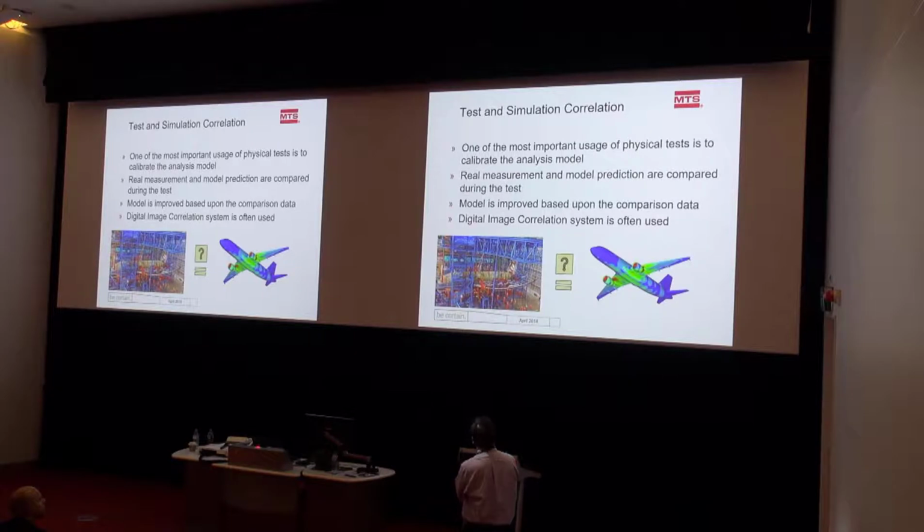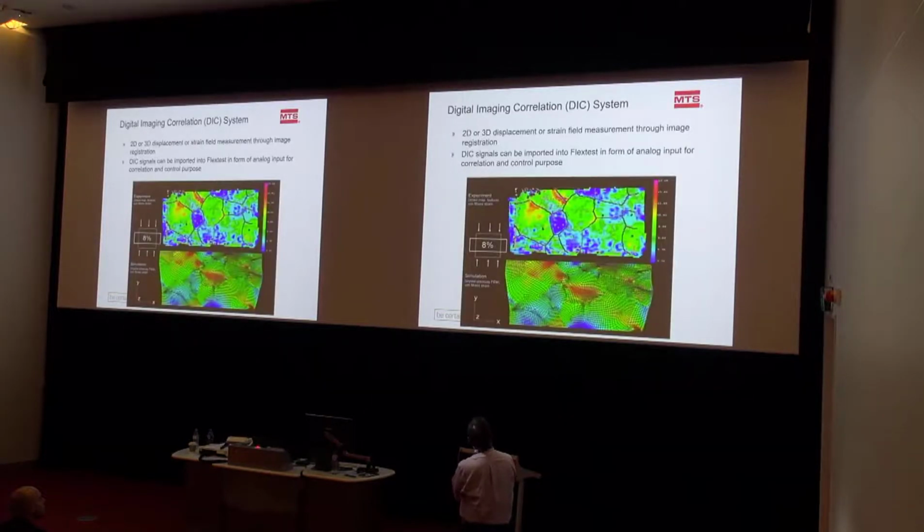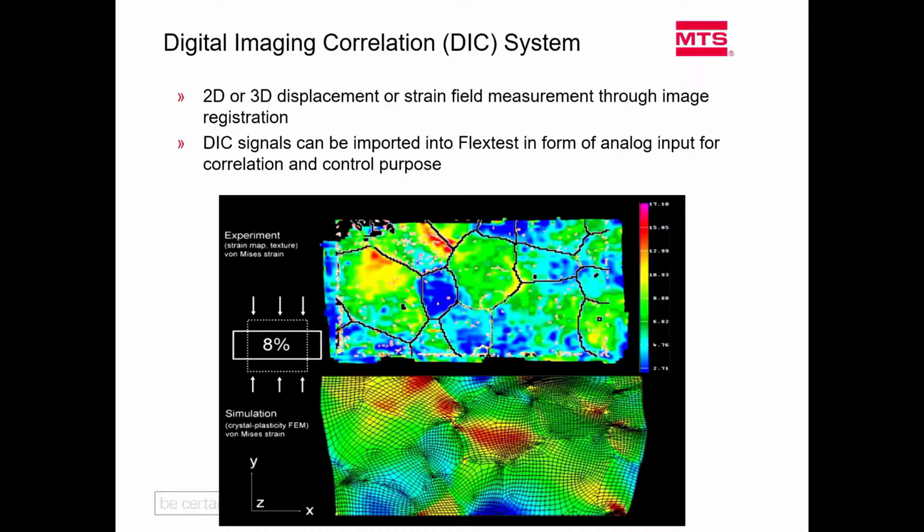A lot of people try to use a digital image correlation system to measure the strain field. In that case, the FEA result is a strain field, and then the DIC system measures the strain field as well, so they can be compared and correlated.